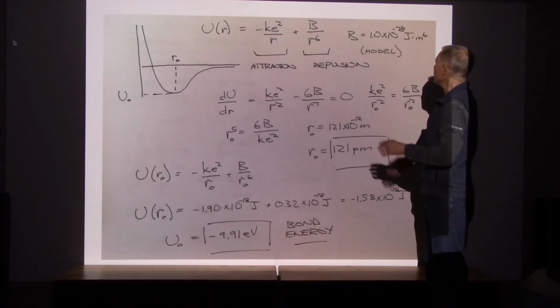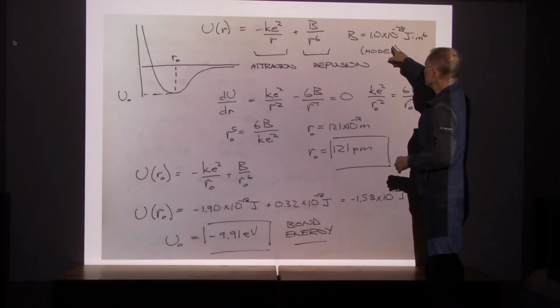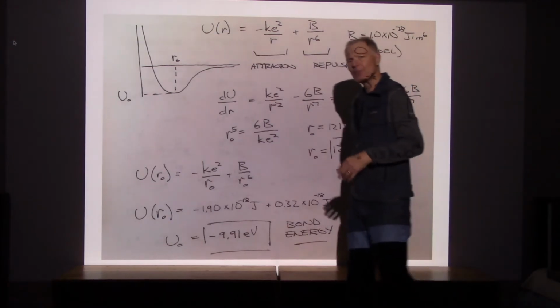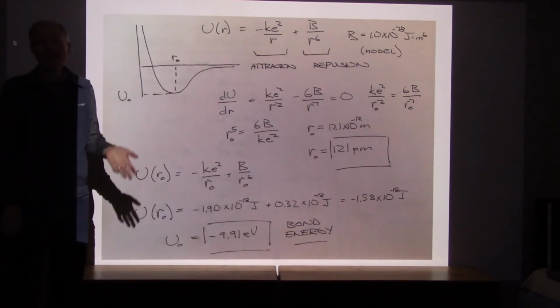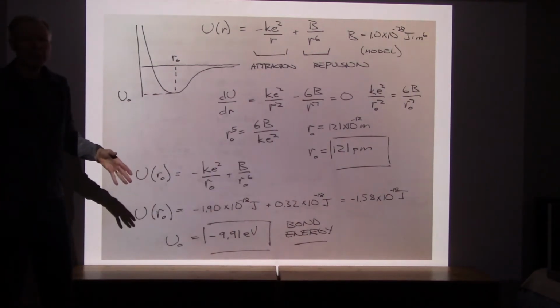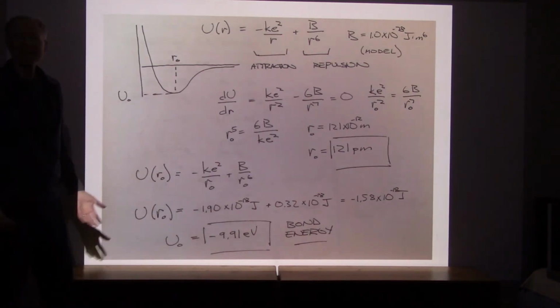Different powers of R get used, and then they're coming up with different constants. So again, this is not coming from fundamental principles necessarily. It's just finding out what kind of mathematical functions match our observed properties for these chemical bonds.